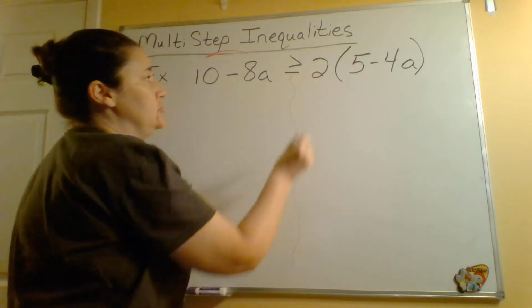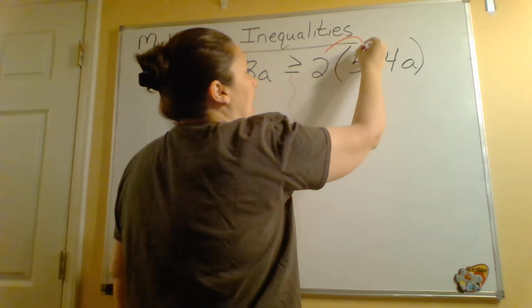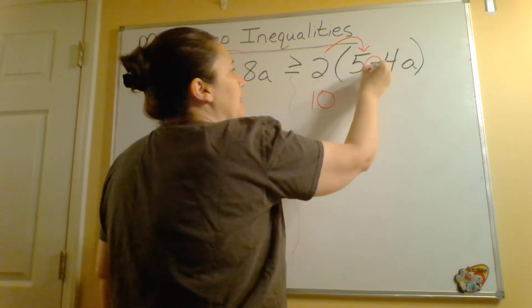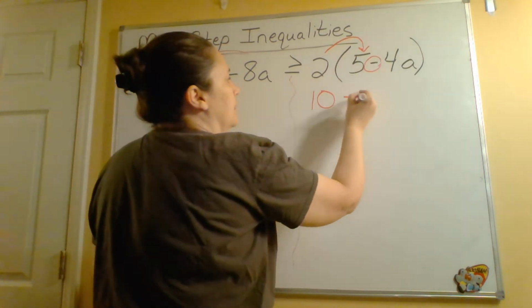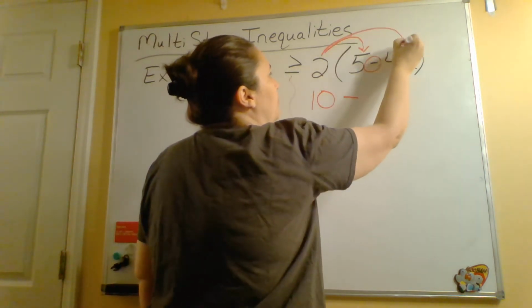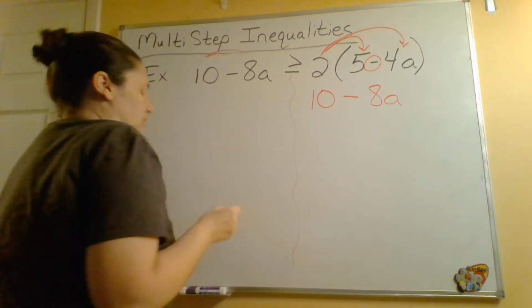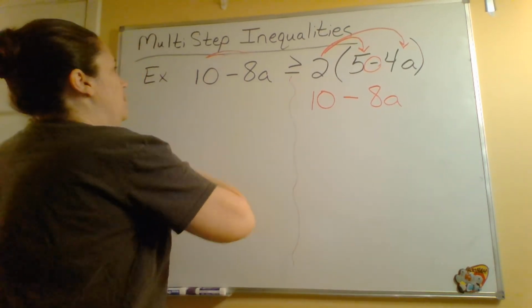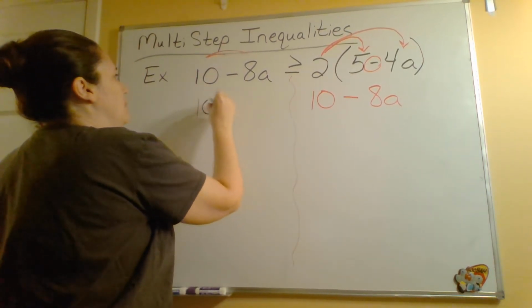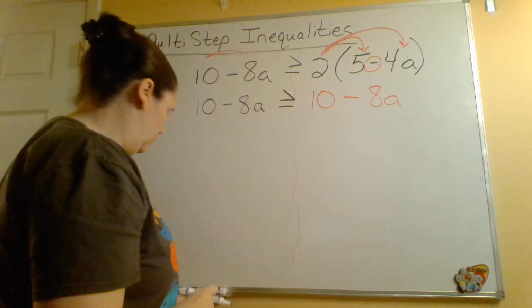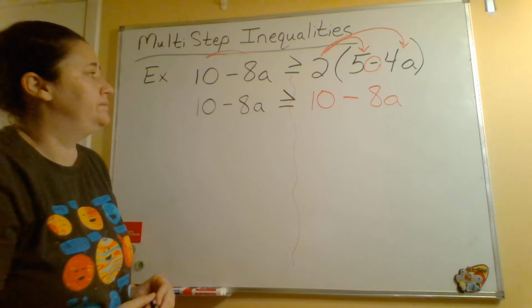So I'm going to distribute the 2. I give the 2 to the 5. 2 times 5 is 10. I write down the minus sign. 2 times 4a is 8a. So far, the problem is 10 minus 8a is greater than or equal to 10 minus 8a.